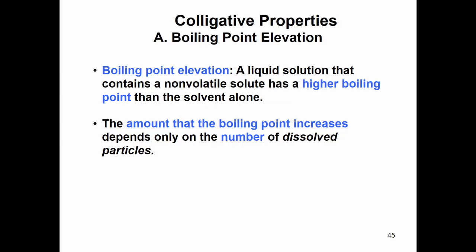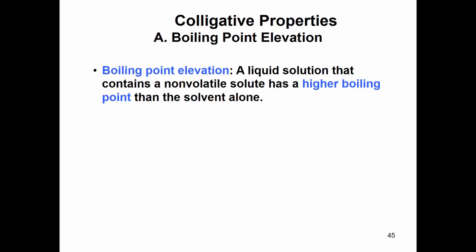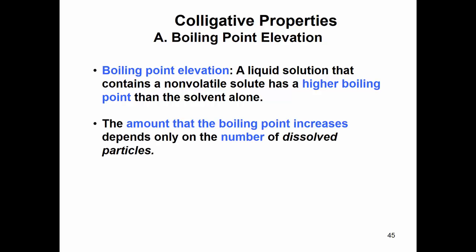Like I said, students sometimes get this reversed, but if a non-volatile solute does not want to escape, look back at what that means: it does not readily escape, so it has a negligible vapor pressure. If it doesn't want to escape and doesn't want to boil, then it's going to have a higher boiling point than the solvent alone.